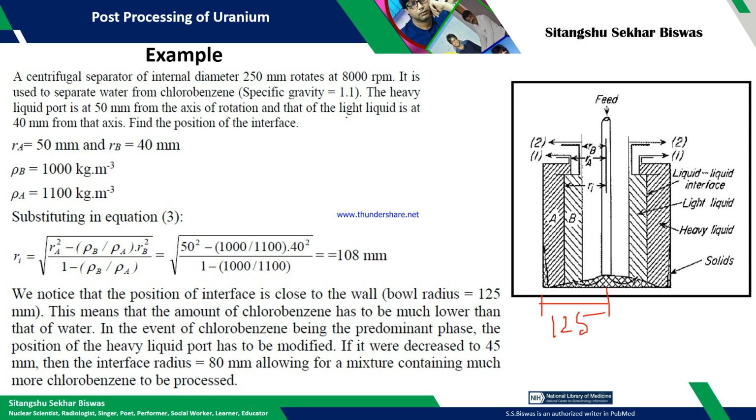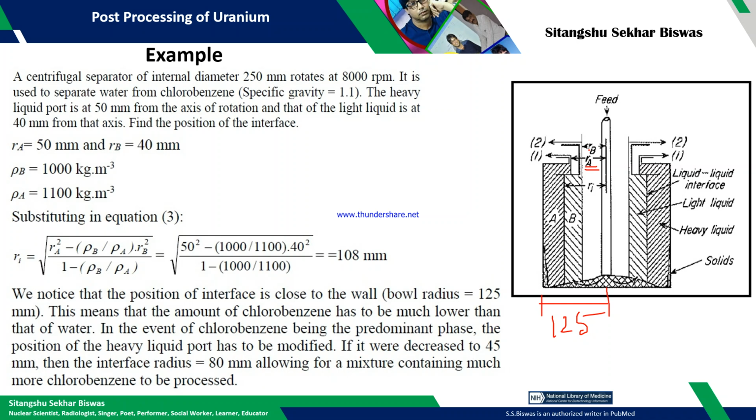The water density is 1 gram per cc and the specific gravity of chlorobenzene is 1.1, slightly higher than water. The heavy liquid port, RA, is 50 mm, and the lighter liquid port, RB, is 40 mm.